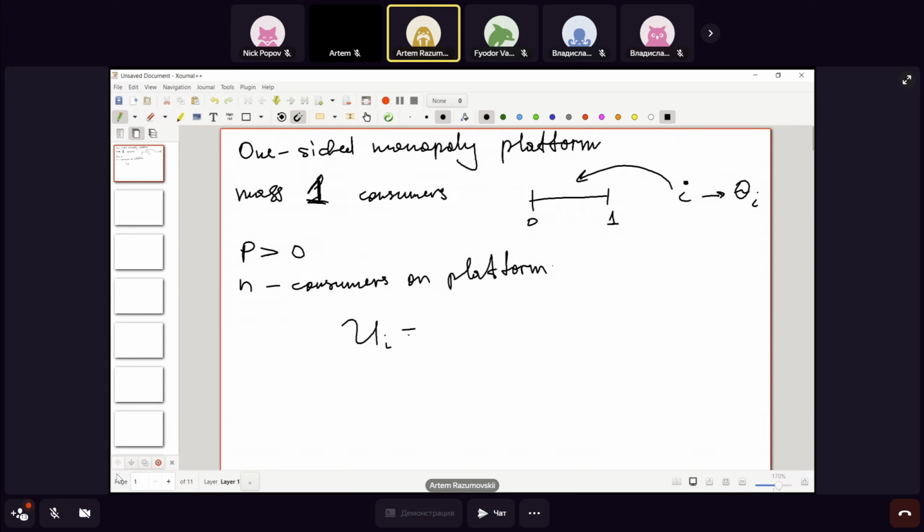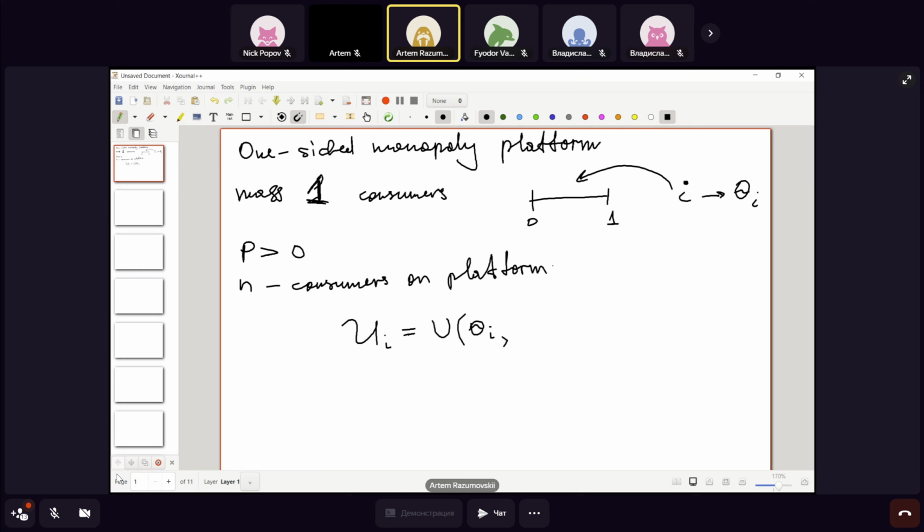it will consist of two parts. Firstly, there will be the utility when the agent joins the platform. This depends on his own type or own taste for the platform. It's, for example, how you like Facebook, or something more advanced we will talk about later.